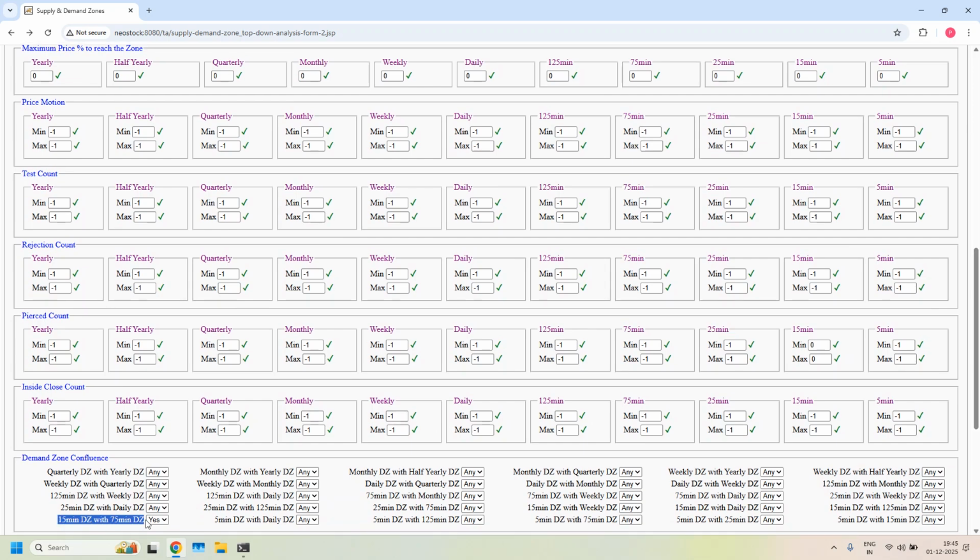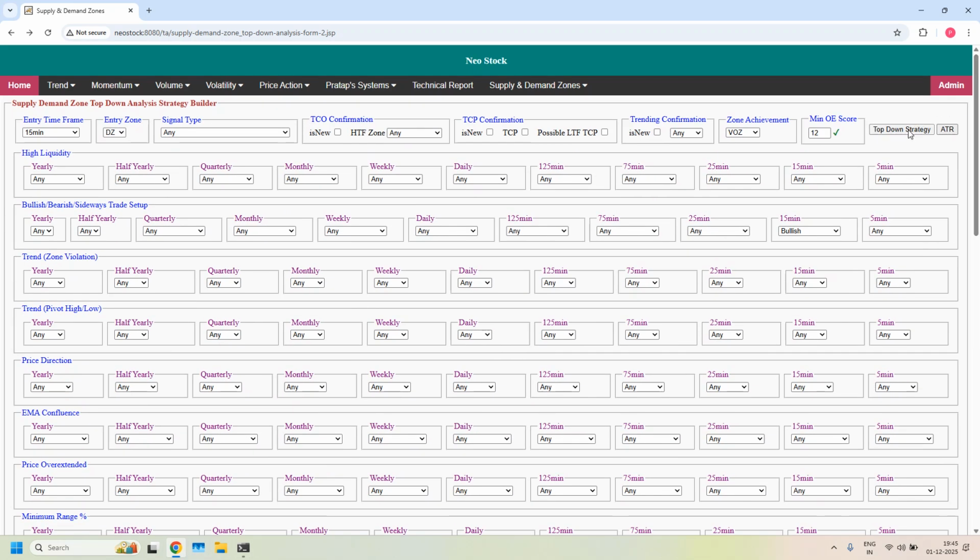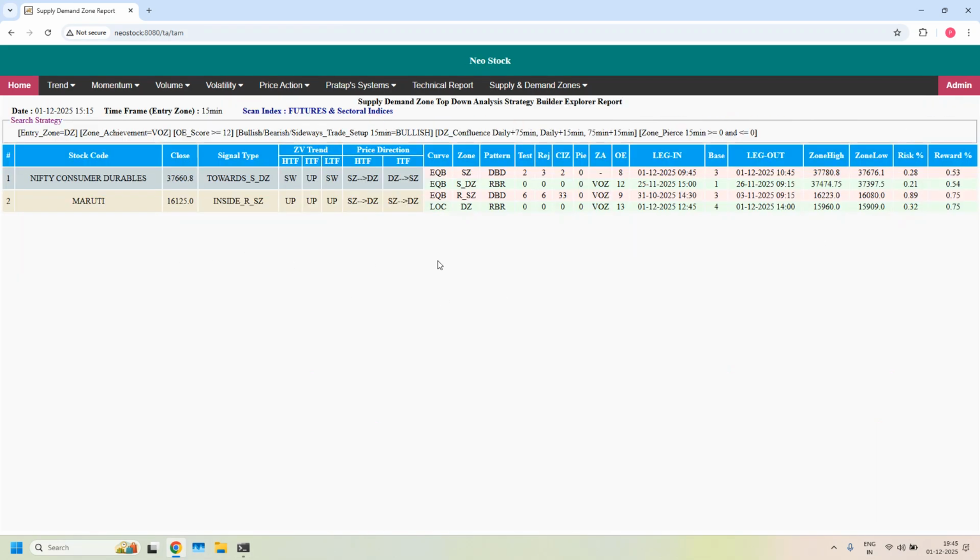So 15 minutes and 75 minutes, 15 minutes and daily, 75 minutes and daily demand zone confluence. By enabling all the 3 filters, we got 2 stocks. In these 2 demand zones, both these 15 minutes demand zones are overlapped with the 75 minutes demand zone. Both together again overlapped with the daily demand zone. And daily trend is uptrend in only 1 stock.